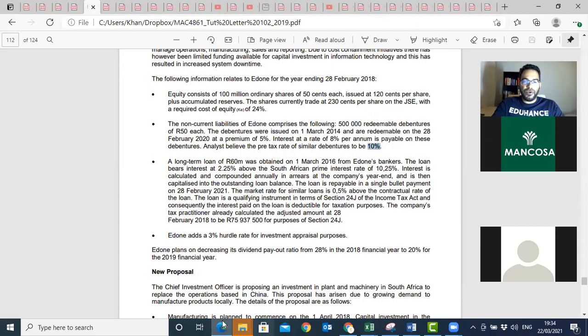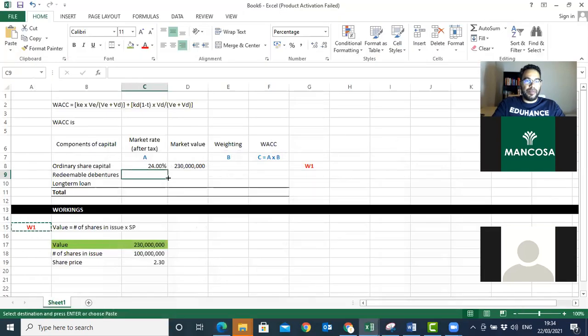So we go to our table, we plug it in, equals 10%. But what do we know? That this is debt. Any debt instrument, we can deduct the interest expense, and therefore we can multiply this by 0.72. So that is our market rate.